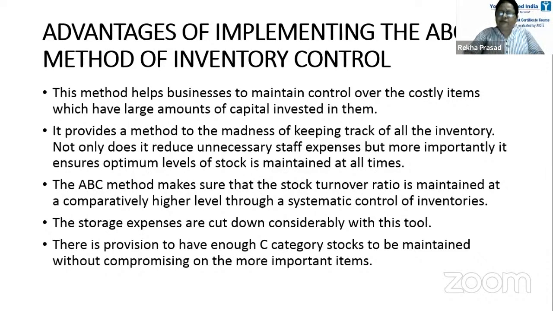The storage expenses भी cut down हो जाता है. There is a provision to have enough C category stocks to be maintained without compromising on the more important item. और C वाला तो भाई they are cheaper, तो they can be maintained. जब भी जरूरत पड़ेगा आप उसको ले सकते हैं.